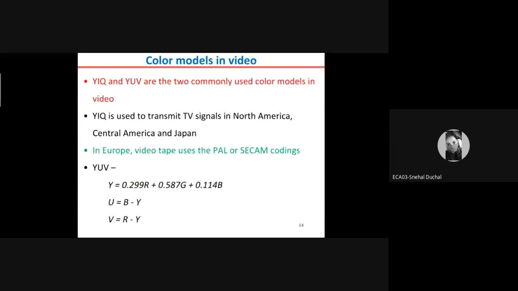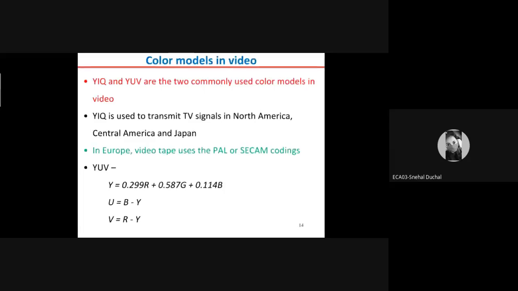The next point is which model we can use in a video. In a video, we can use different types of models. We can use the RGB model, the HSI model, the YIQ model, and the YUV model.